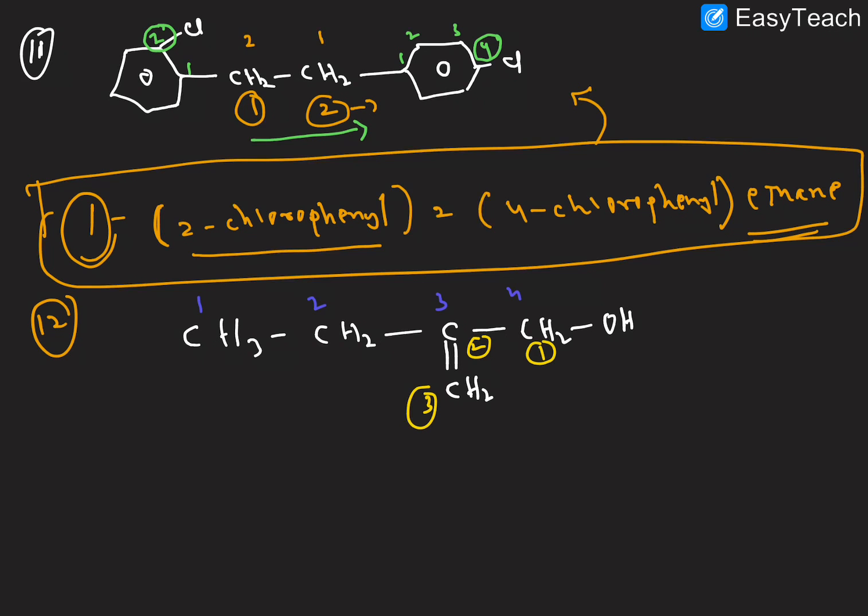Even though a long chain is present in the molecule, at the same time the functional group is present, so we have to consider the chain containing the functional group, the small chain, as the parent chain, right? So this is the parent chain. So what substituents are there? What is the name of this compound?